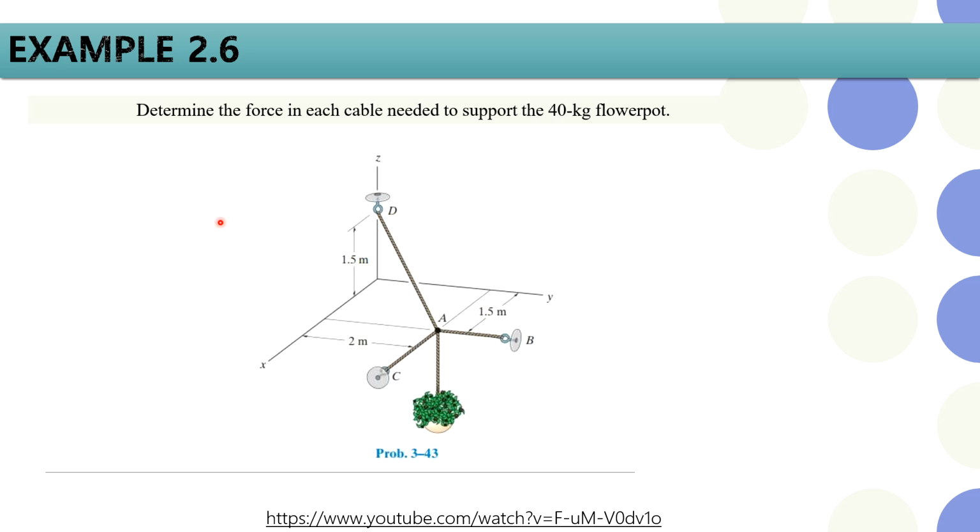So our final example 2.6 follows the exact same logic. We have a 40 kilogram flower pot held by the three cables, cables B, C and D. So the weight will act downward at 40 kilograms times the gravity value 9.81 newtons. Cables AB and AC lie along the x and y axes, making them easy to express, no problem.